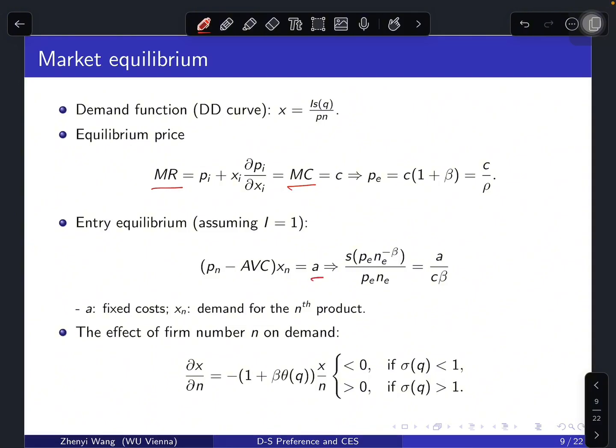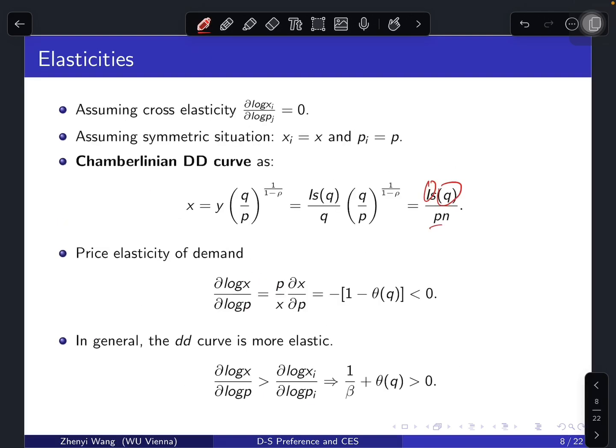And firms will enter the market until the zero profit condition is met. It means that when the firm's revenue just covers the fixed cost and the variable cost, this will determine the equilibrium number of firms. If we take the partial differentiation of demand over the number of firms n, we could get this function, and we know when the DD curve is more elastic, this condition holds.